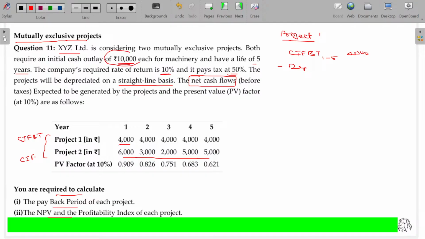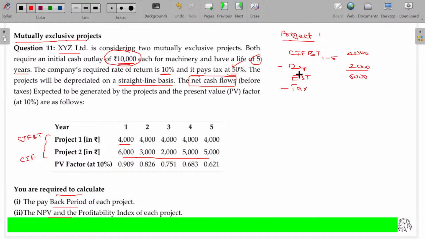Original value is 10,000 rupees, life being 5, so the amount of depreciation is 2,000.